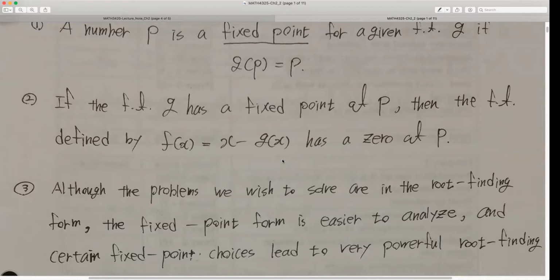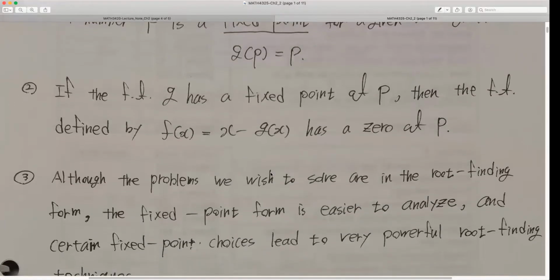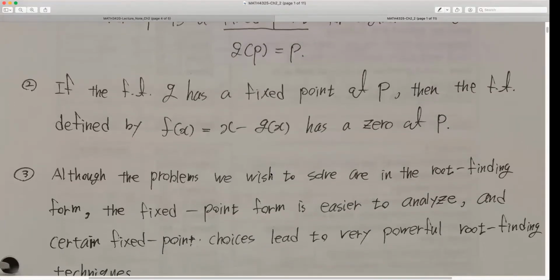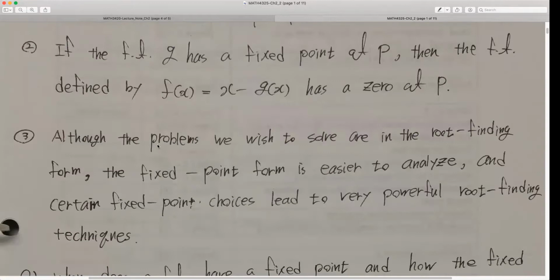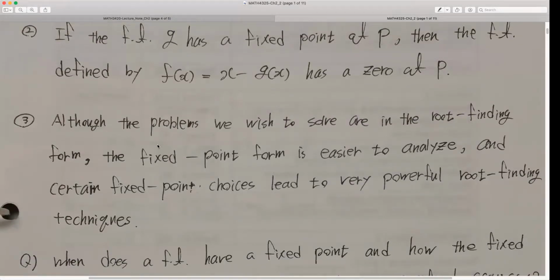So you see that the goal is to modify the function in the root finding problem f of x equals 0. We're going to modify the function f of x to x minus g of x. So the root finding problem will be transformed to the problem g of x equals x.